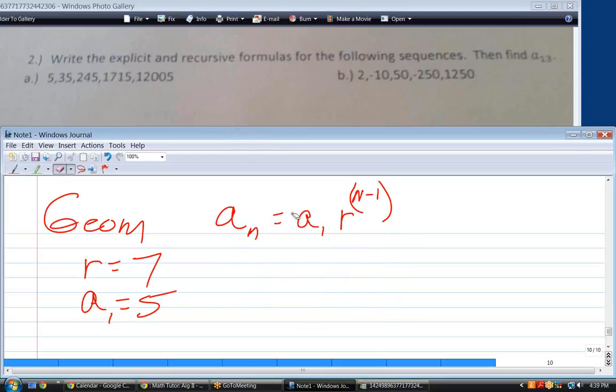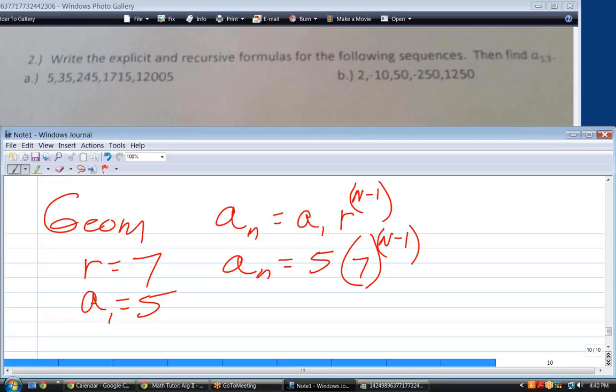Now, this is the general. This is not the specific explicit formula for this sequence. That would be a sub n equals 5 times 7 to the n minus 1 power. There is the specific explicit formula for that sequence. Right.